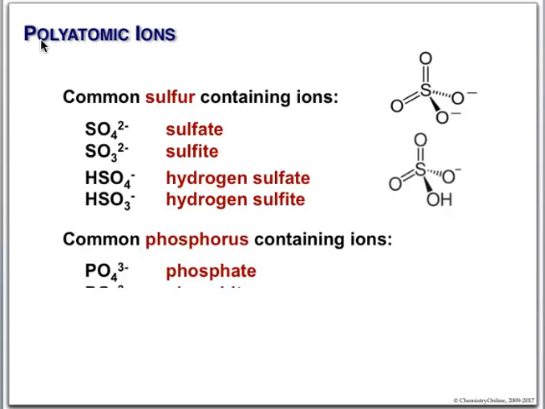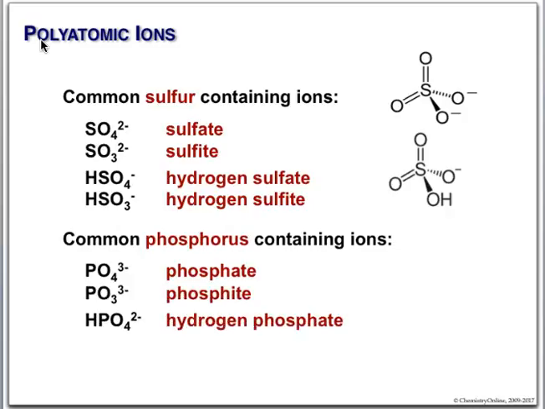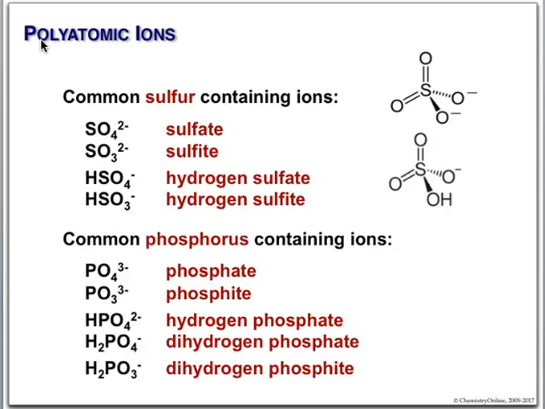Phosphorus. Our parent here is going to be phosphate, PO4. This has 3 negative charges. If we have phosphite, we have 3 negative charges, but only 3 oxygens. So we drop the oxygen by 1 when we go to the ITE. Now with phosphate, we have 3 negative oxygens here, so we can put on 2 additional hydrogens.